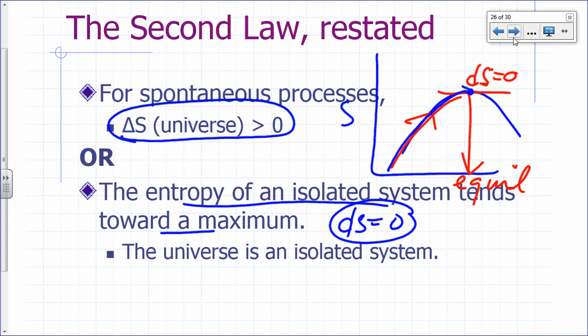That can happen provided it's accompanied by a larger increase in the entropy of the surroundings. So, an increase in entropy for the system doesn't necessarily mean it's going to be spontaneous. It tends to be favored, but what we really want is the entropy for the universe to increase, for us to be able to say that a process is spontaneous.